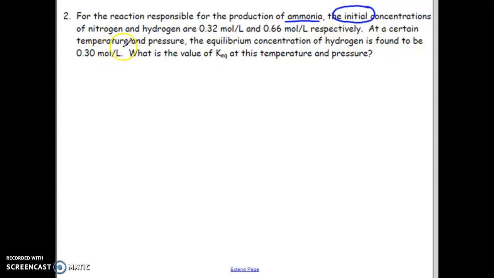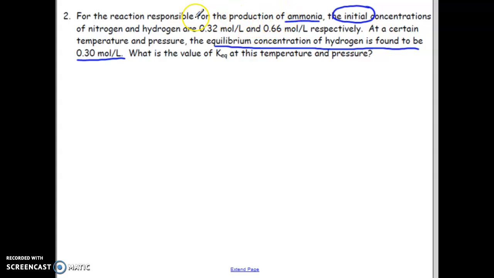Notice they are not giving us equilibrium concentrations. At a certain temperature and pressure, the equilibrium concentration of hydrogen is found to be 0.30 moles per liter. What is the value of K at this temperature and pressure? So this is a combination of what we learned at the beginning of chapter 7, in the last lesson, with incorporating the K value that we looked at today.